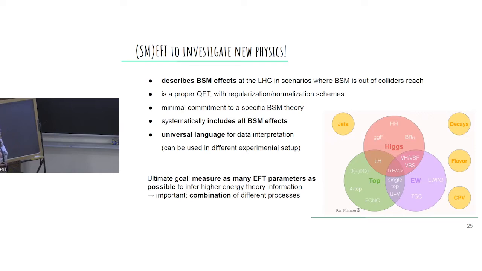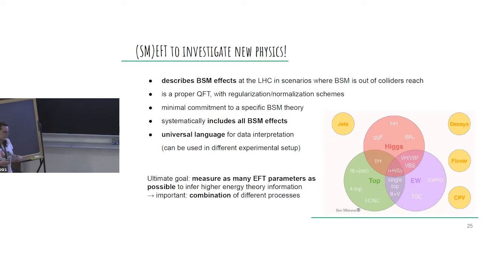And in a way, it is a universal language that can be used between different experimental setups, allowing us to compare and combine measurements. And the combination of measurements is really important because measurements of Higgs related variables, top and electroweak can have sensitivities to different directions in the effective field theory.